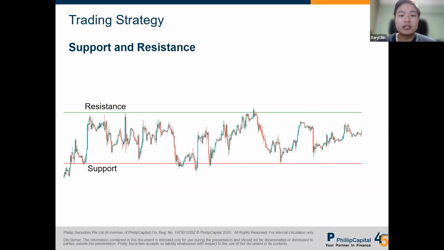Whenever it touches the resistance, it falls back down, and whenever it touches the support level, it goes back up. So if I spot this kind of chart, I'll take on two different types of positions, a long at the support level and a sell position at the resistance level. So I can just alternately swing around.